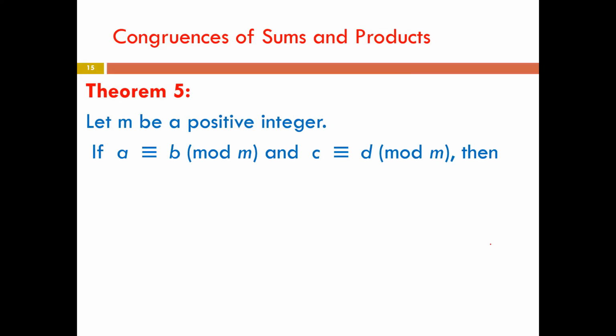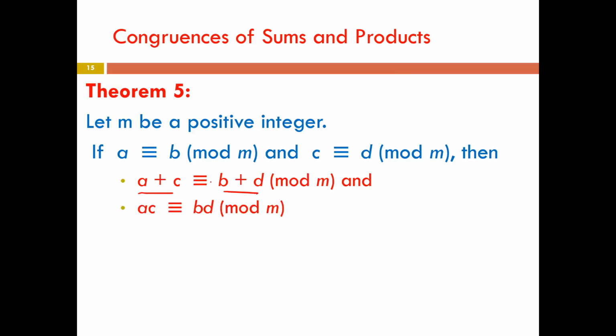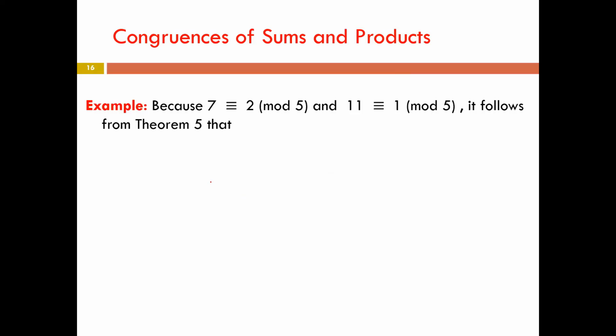Another property: if A is congruent to B mod M and C is congruent to D mod M, then A plus C is congruent to B plus D mod M, and the product as well, AC is congruent to BD mod M. For example, we know that 7 is congruent to 2 mod 5 and that 11 is congruent to 1 mod 5.